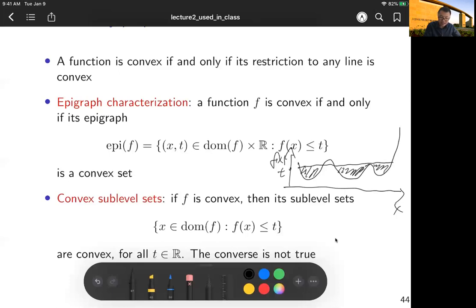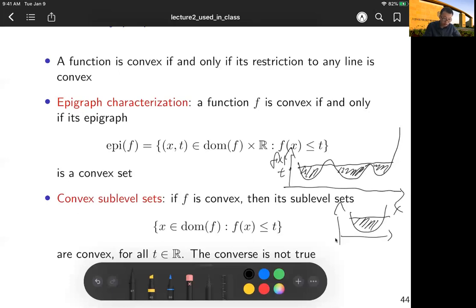In this case, we can see that this epigraph is clearly not a convex set. Therefore, this function is not convex. This is one way to see this. On the other hand, if we draw a convex function instead, like that, then this is saying that this function is convex if the epigraph is a convex set.